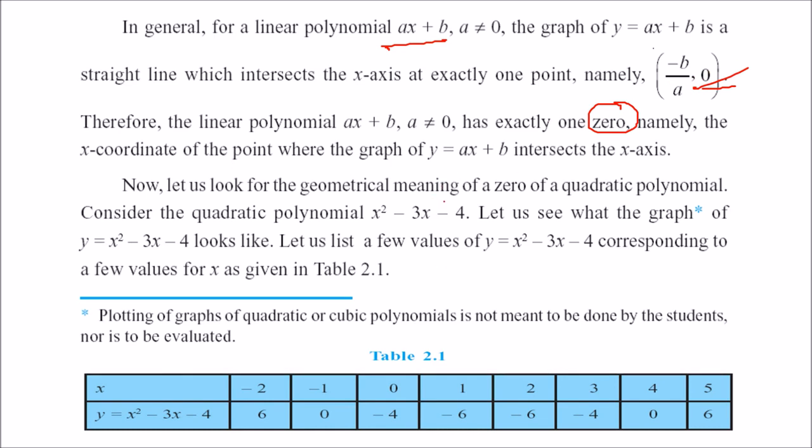Now let us go for the quadratic polynomial. Just consider this quadratic polynomial x square minus 3x minus 4. Again we'll do the same thing. We'll put some values for x, near the origin. We place minus 2 here, minus 1 here, and find out the corresponding values of y.